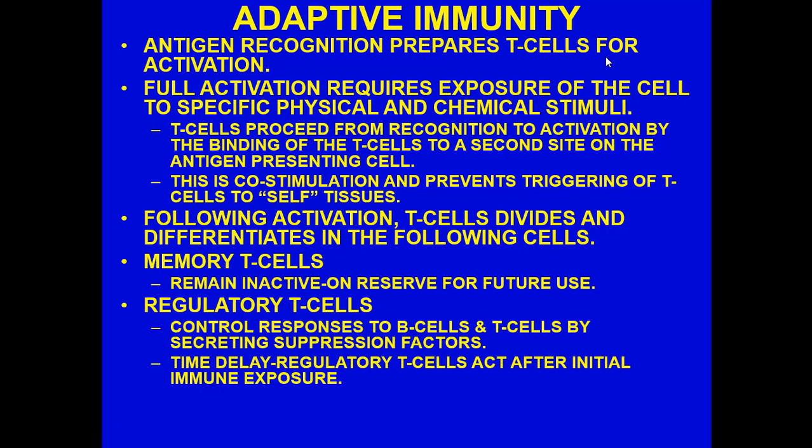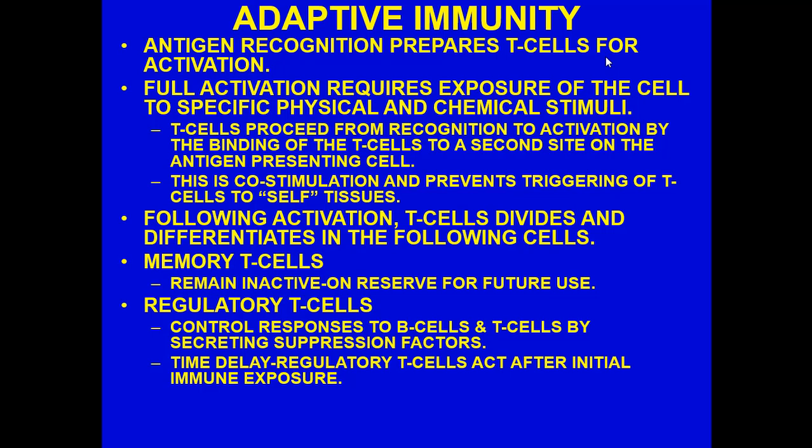All right, but do we have full activation yet? No, full activation requires exposure of the cell to specific physical and chemical stimuli. In other words, there's a couple of other signals that need to go on. But this is good because it also prevents errors, and these errors can turn out to be attacking your own tissue.